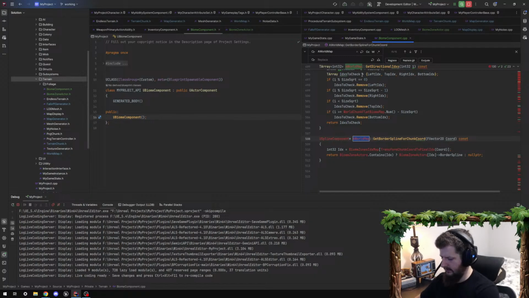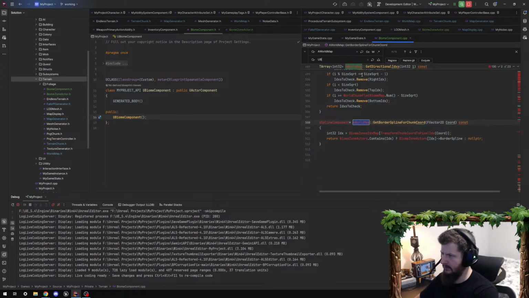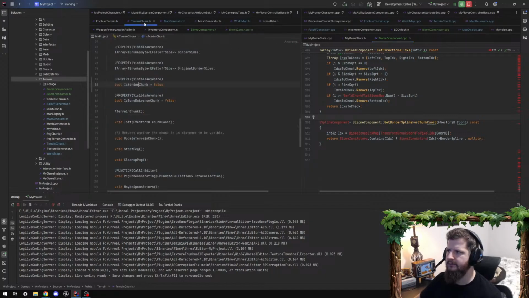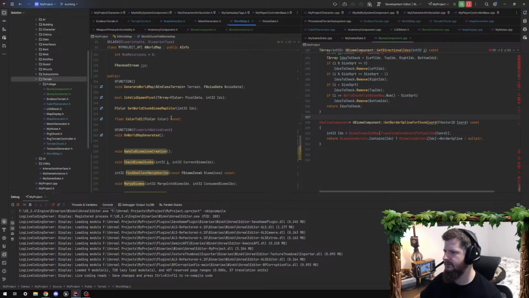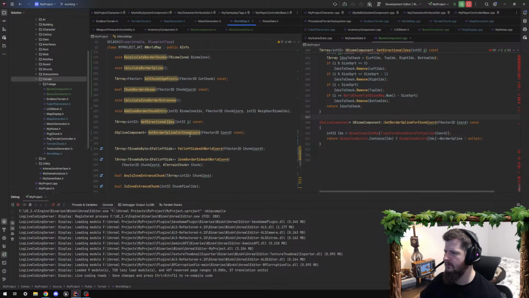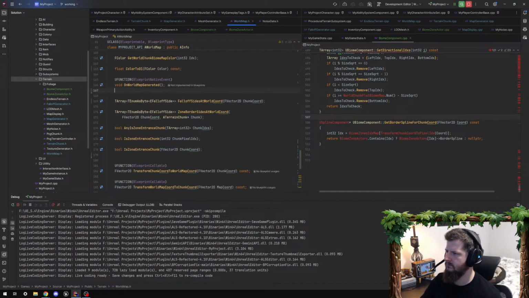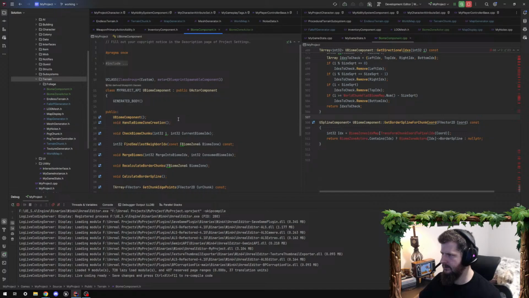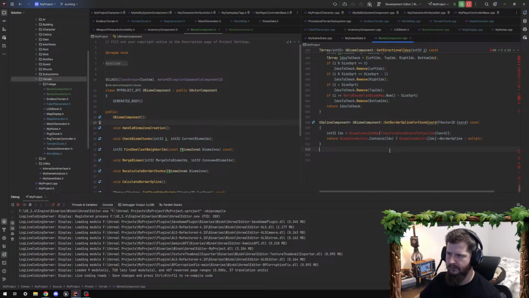Replace that with a U biome component. Replace all. And before I do anything else, I'm going to go back into the header file and copy that stuff over as well. Biome component done. Okay.